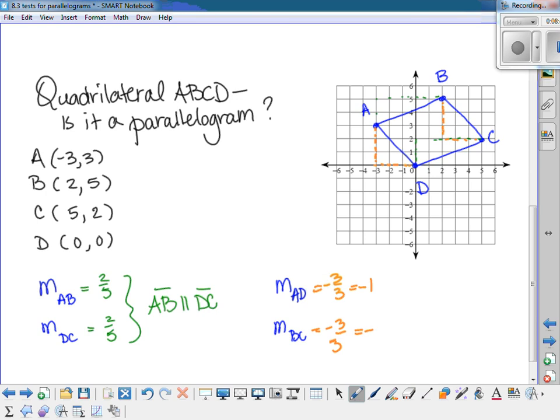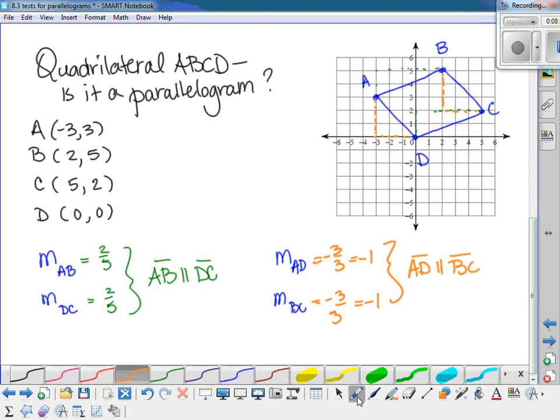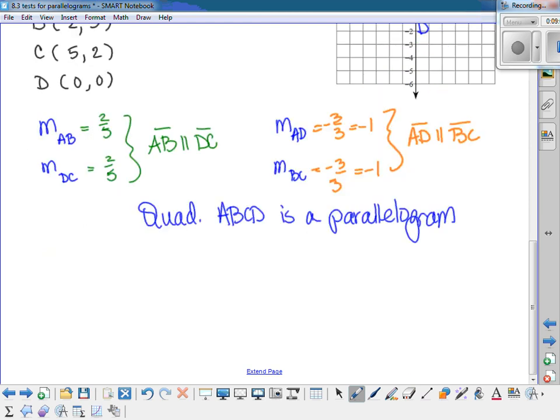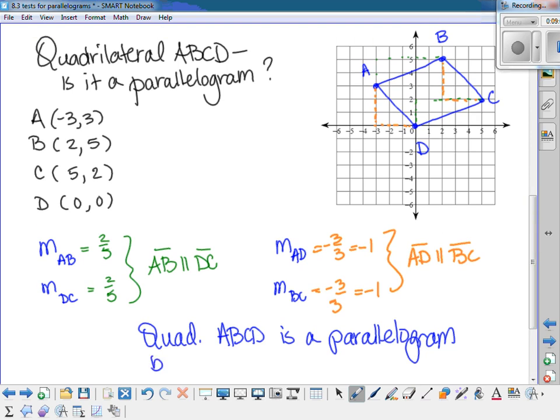And that also equals -1. So AD is also parallel to BC. So that means that quadrilateral ABCD is a parallelogram, because both pairs of opposite sides are parallel.